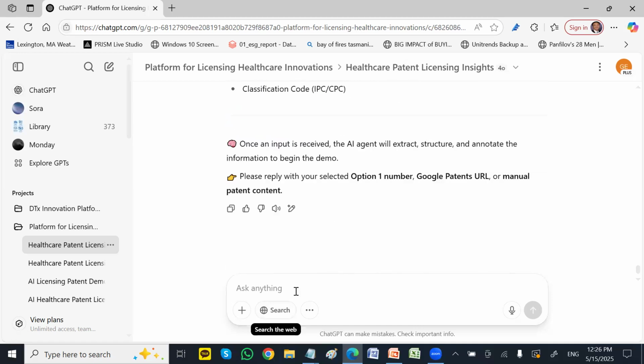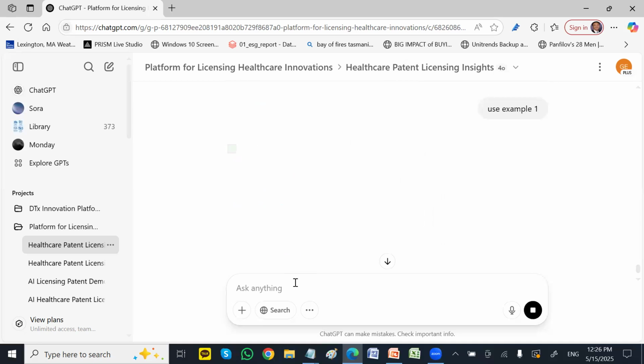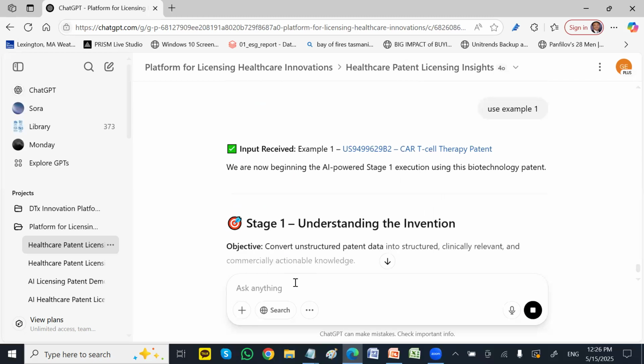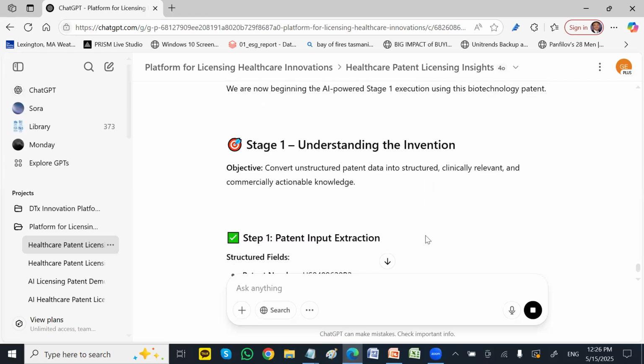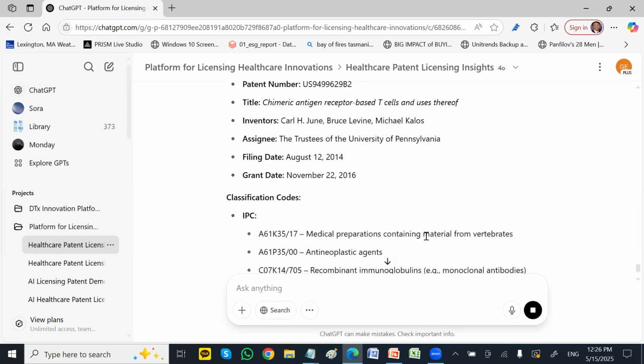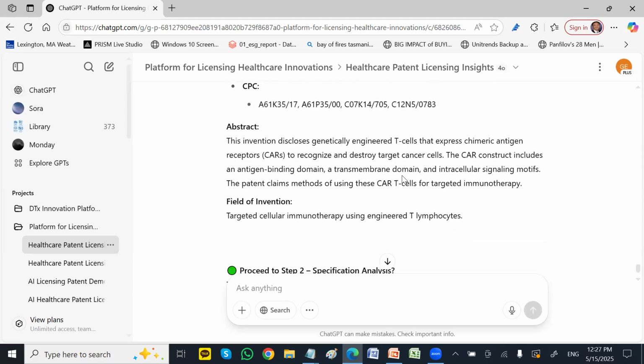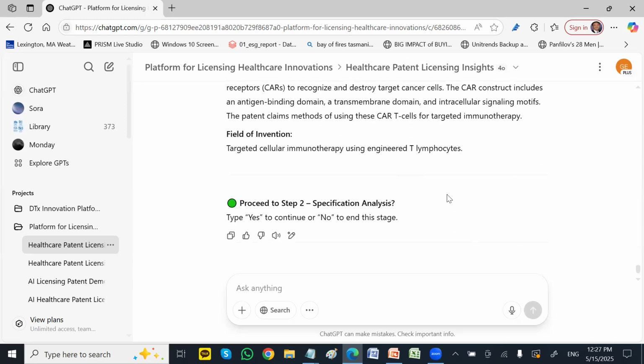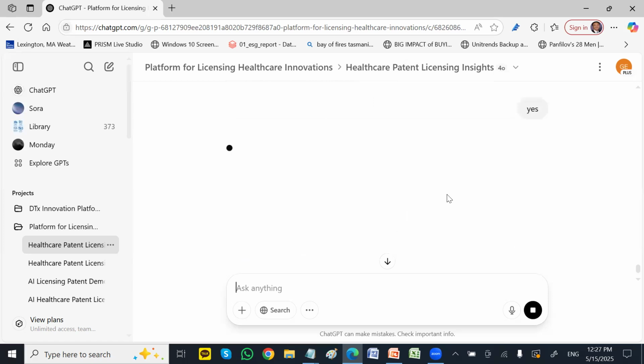It will start from my input. It goes to the Google Patents site and extracts all the information, and then it asks about weighting the interaction for the specification analysis.